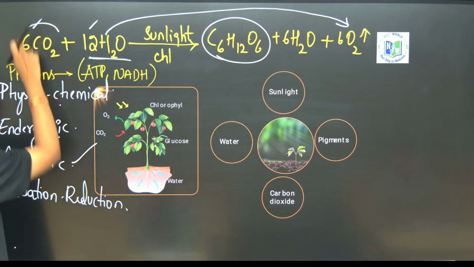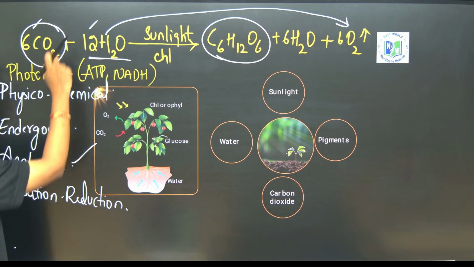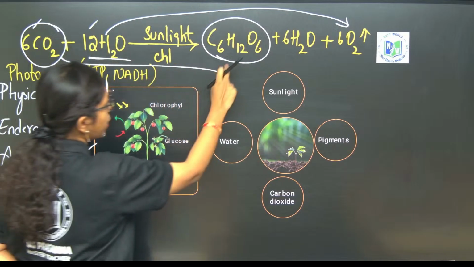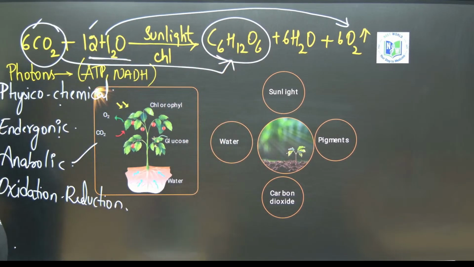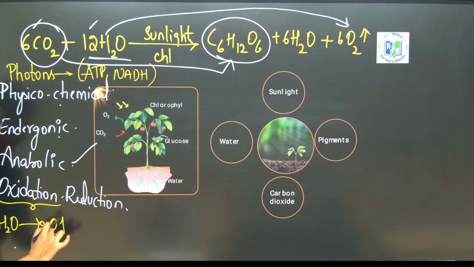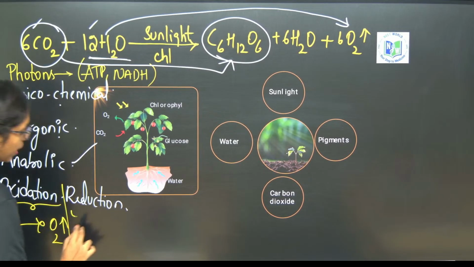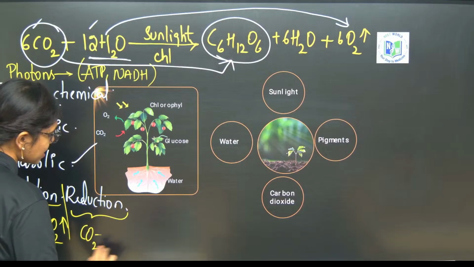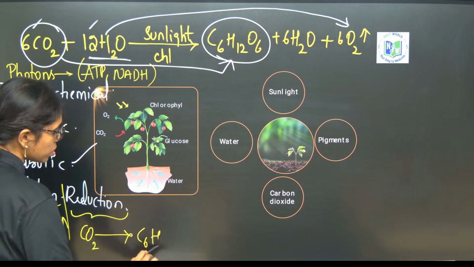And carbon dioxide is reduced, where carbon dioxide is reduced to glucose. Okay. So here what is that, ma? Oxidation reduction reaction. In oxidation, the water molecule is oxidized to oxygen. Reduction, wherein carbon dioxide is reduced to glucose.